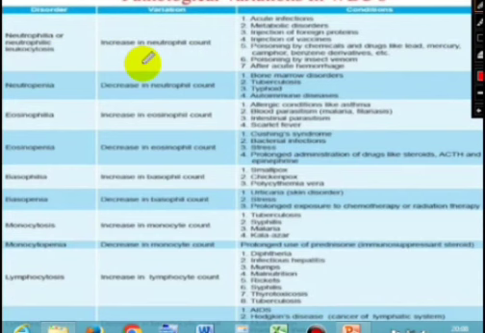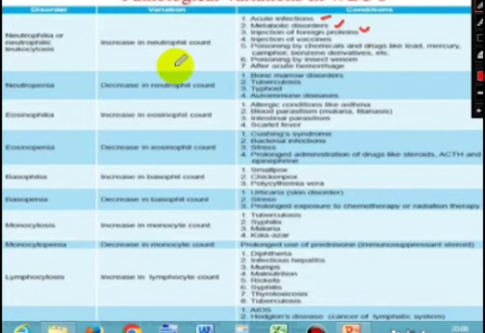So neutrophilia refers to increase in neutrophil count. Alright? And it can occur during acute infection, metabolic disorders, injection of foreign proteins, even injection of vaccines. Alright?